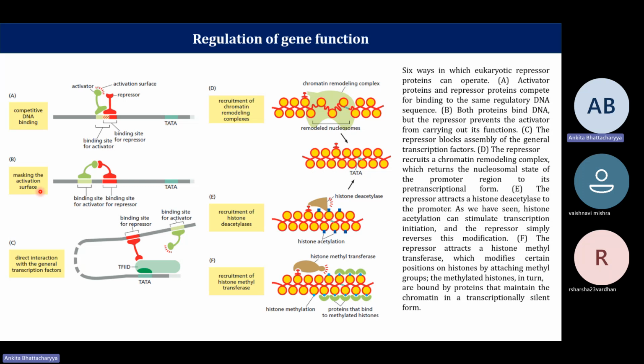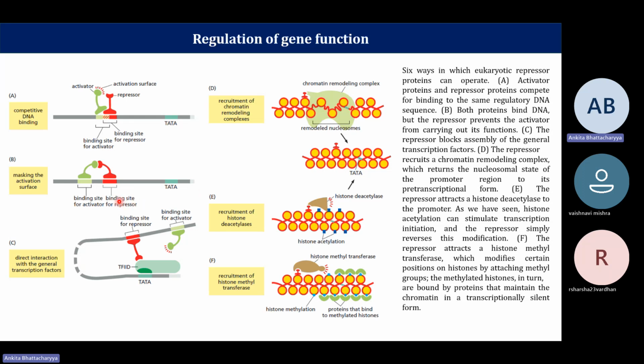Second possibility is that the activation site can get masked. What do we mean by masked in this case? In this case, the binding site for the activator and repressor do not overlap with each other. They are segregated and quite far apart from each other. However, the two ends of the DNA binding protein are able to bind directly to each other, as a result of which the activating loop or the activation site is not able to bind to the mediator, which will help in completing the circuit that allows for gene expression to be enhanced.